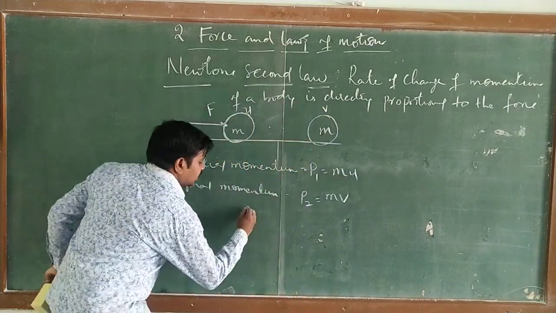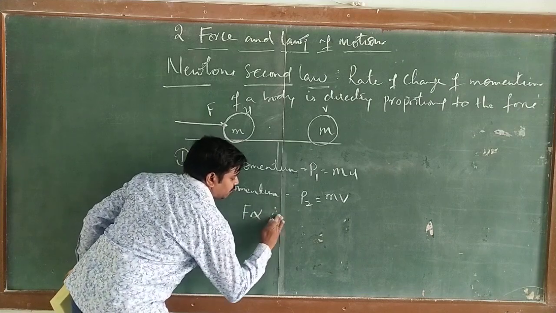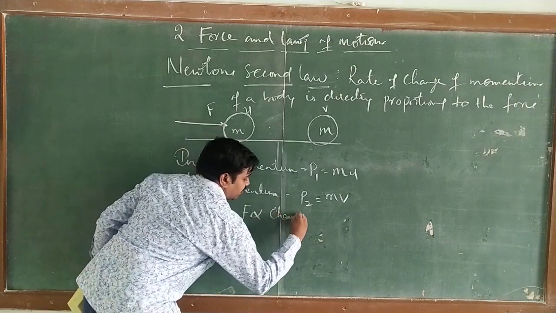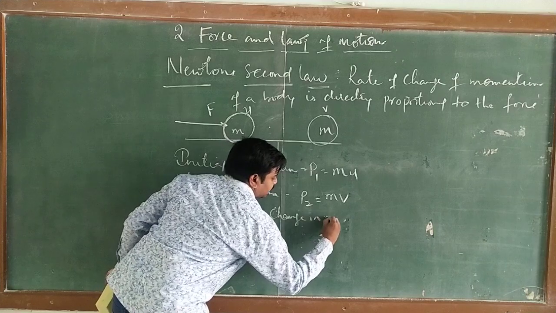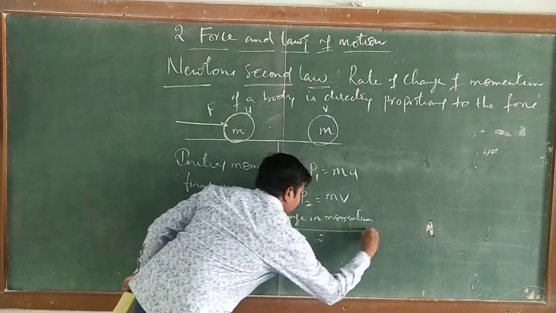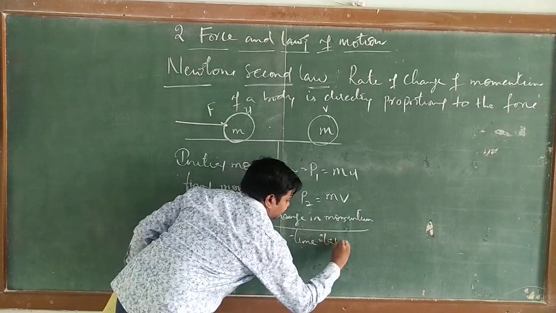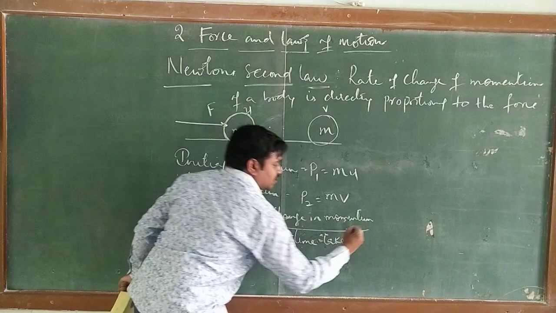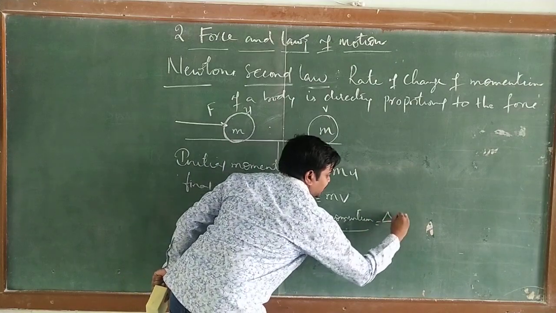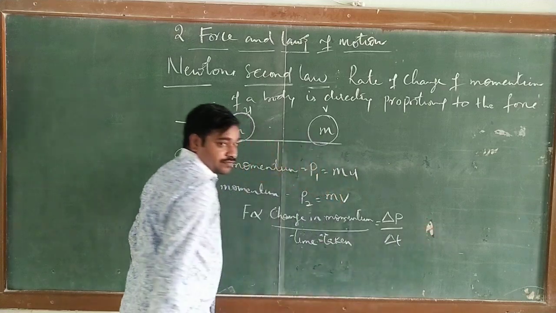So F is proportional to change in momentum by time taken. You can represent it as change in momentum delta P by delta t.